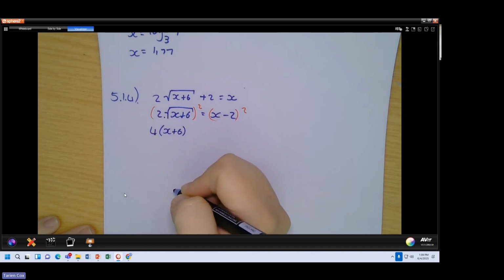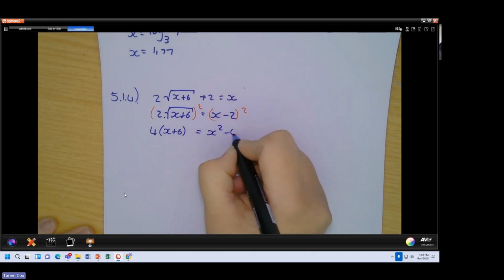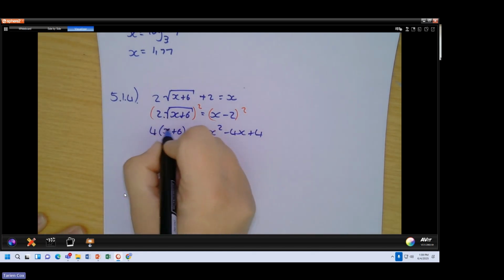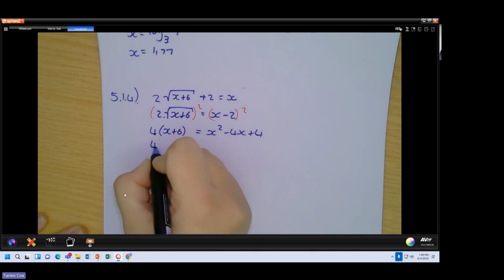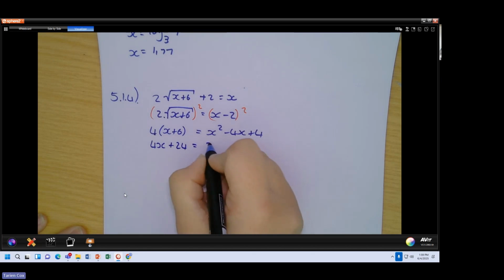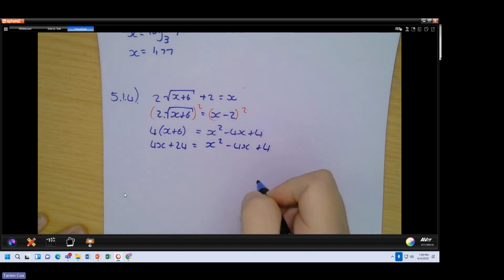It's like there's a times there. Right? Is equal to x squared minus 4x plus 4. We know that one now. Then it is my job that I need to now go and multiply out here. So it is 4x plus 24 is equal to x squared minus 4x plus 4.